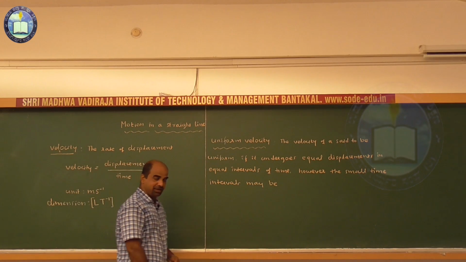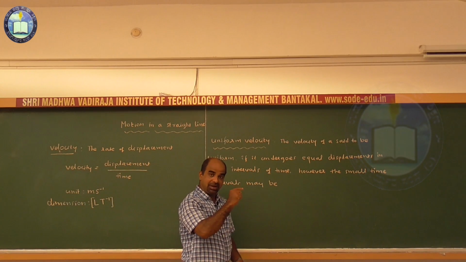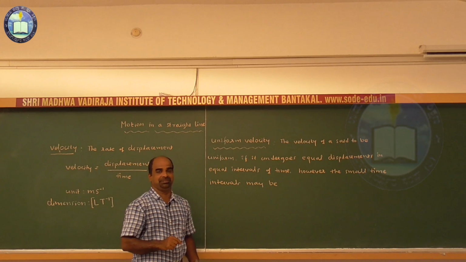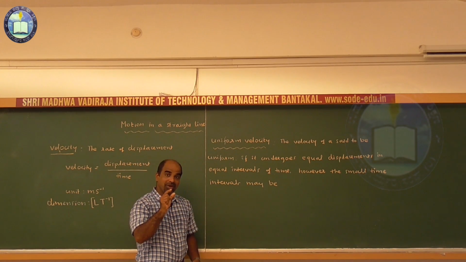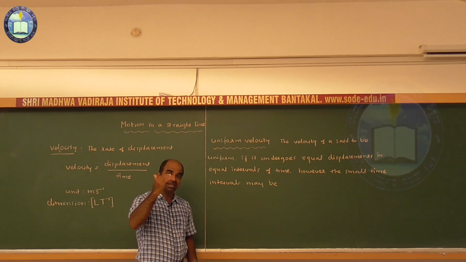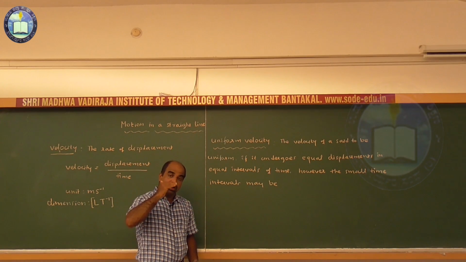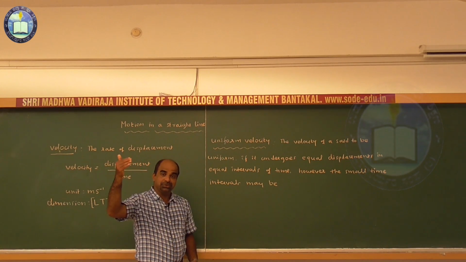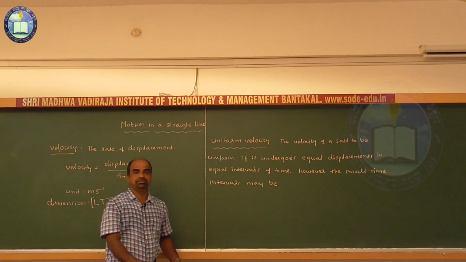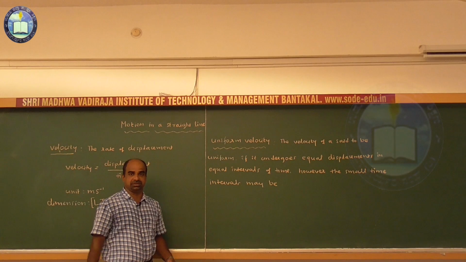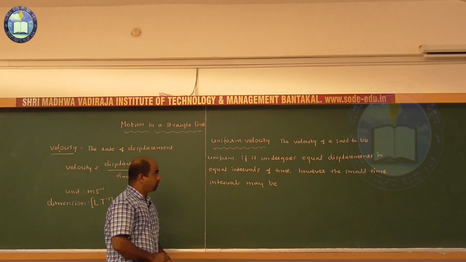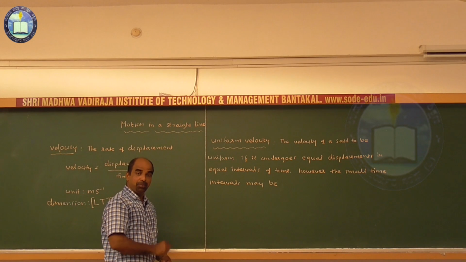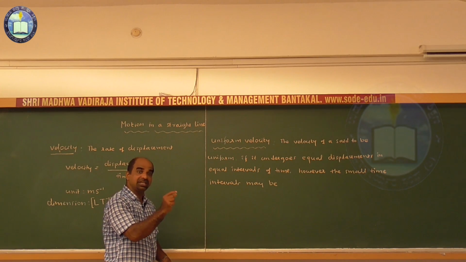Velocity not only indicates how quickly a body moves, it also gives an idea in what direction it will move. That's the concept of velocity. Therefore, velocity of the body being uniform means both magnitude and direction remain constant.